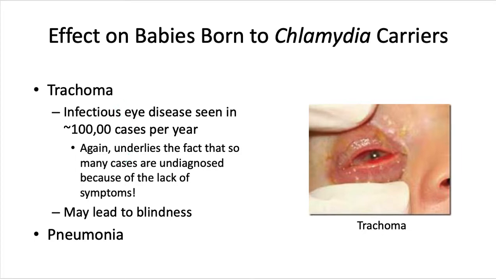So this is an infectious eye disease, and there are over 100,000 cases per year. This underscores that many cases are not diagnosed. If they were, they would be treated, and then we wouldn't see this. And trachoma is a serious infection that can lead to blindness. Chlamydia can also get into the lungs of babies, and so this can cause infant pneumonia.